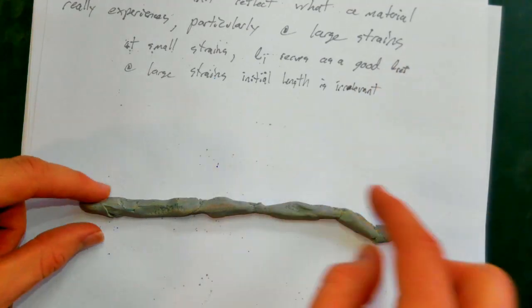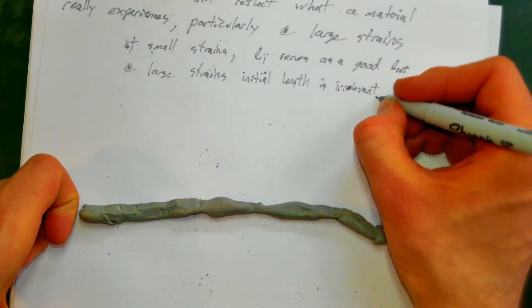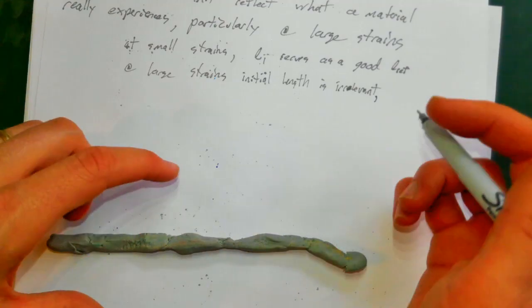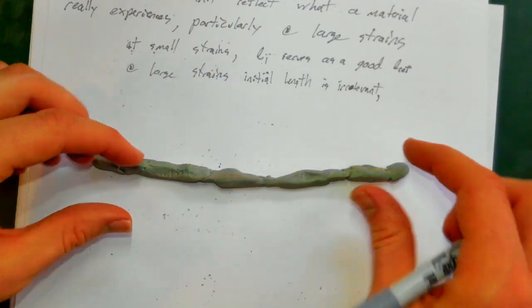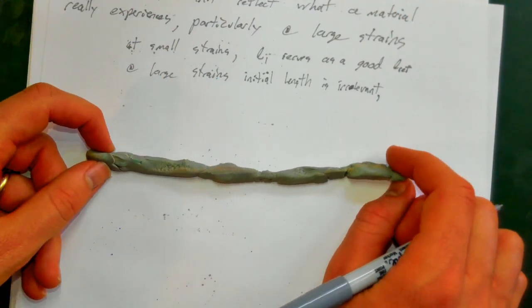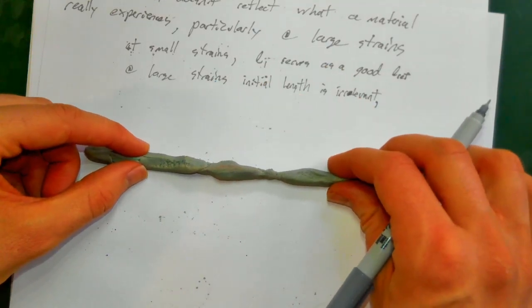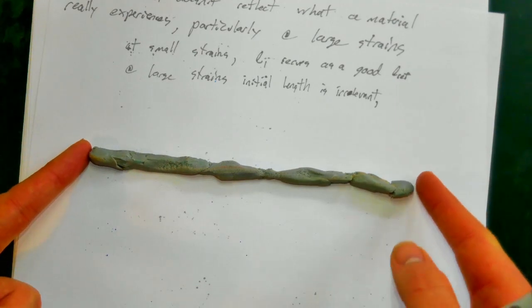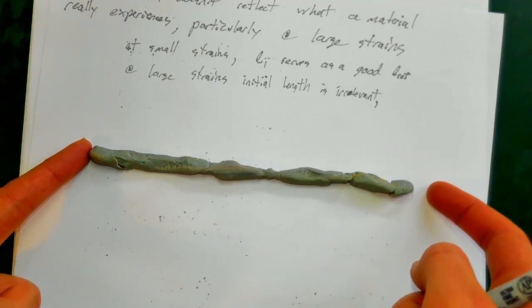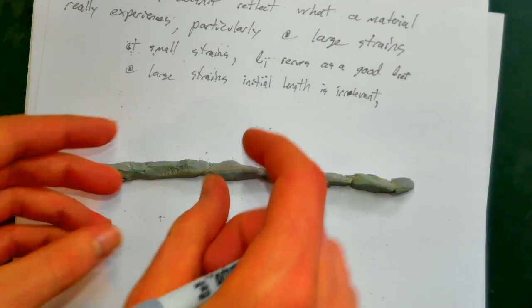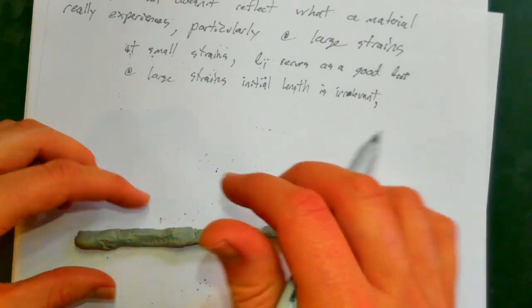The initial length loses its relevance, and we would want to use a more recent length as a comparison. For this last little bit of stretching, the length just before that last bit of stretching is the more relevant length, rather than what it originally was way back when.